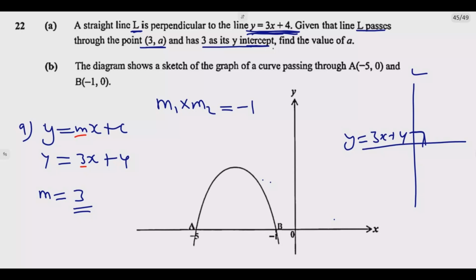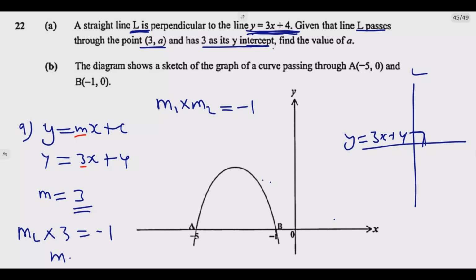So if m_L is the gradient of L, then the gradient of L multiplied by the gradient of this line, which is 3, must equal -1.